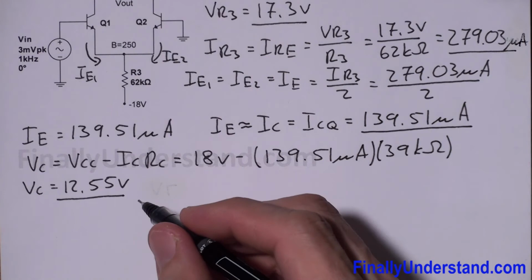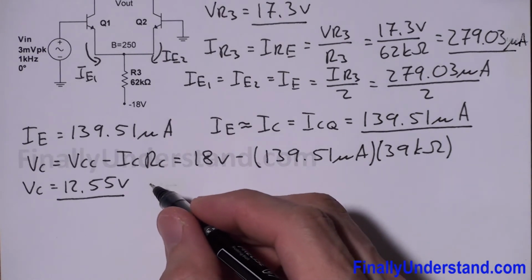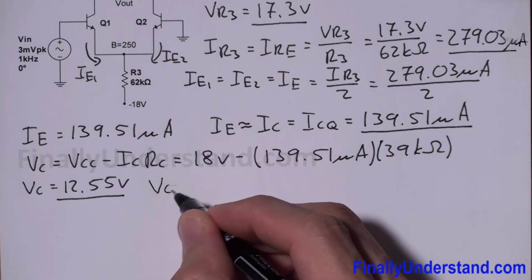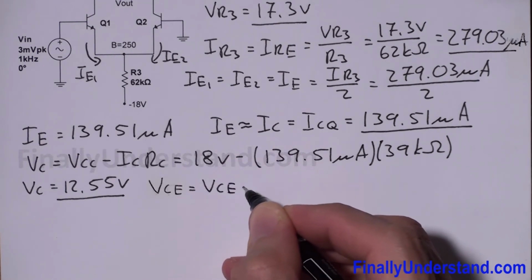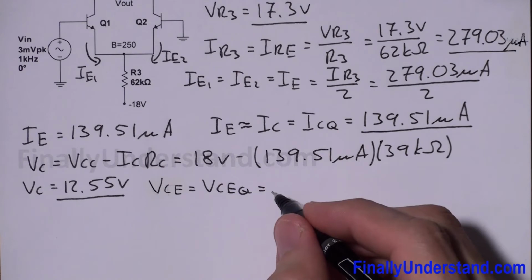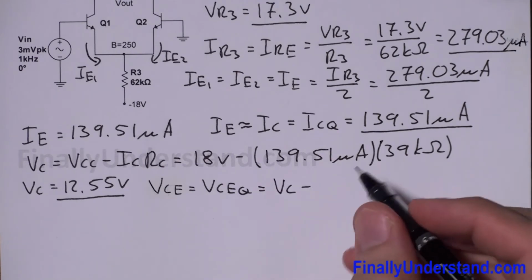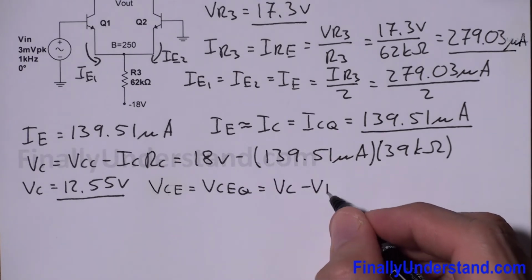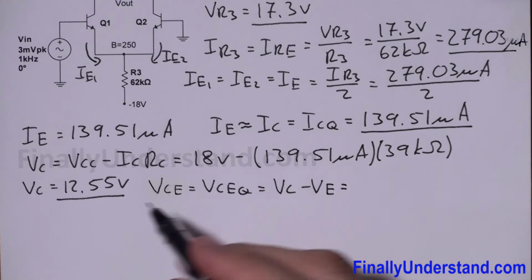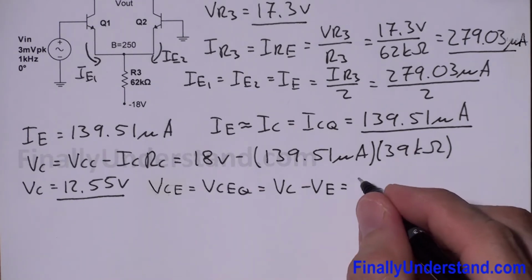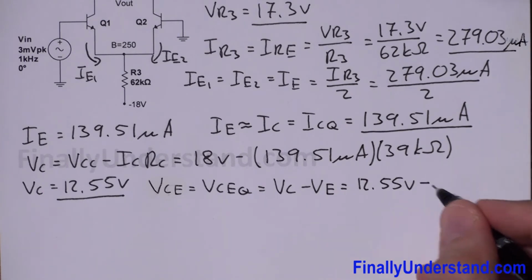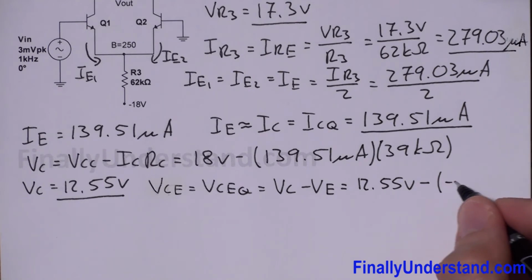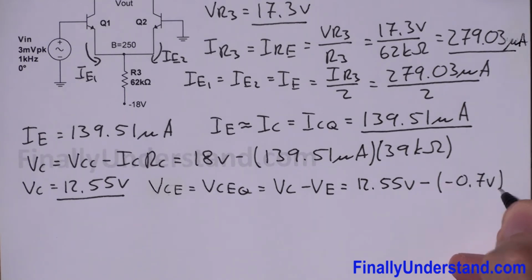Now I'm supposed to find VCE. VCE is equal to my VCEQ, which is equal to VC minus VE, which is 12.55 volts minus VE, which is equal to negative 0.7 volts.